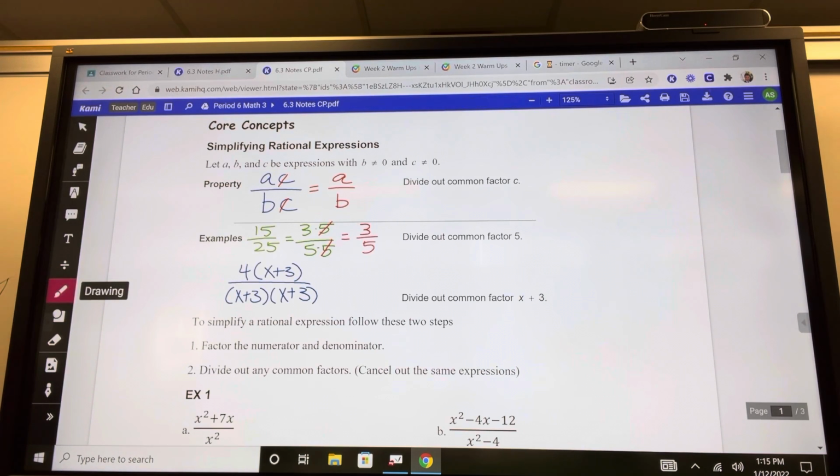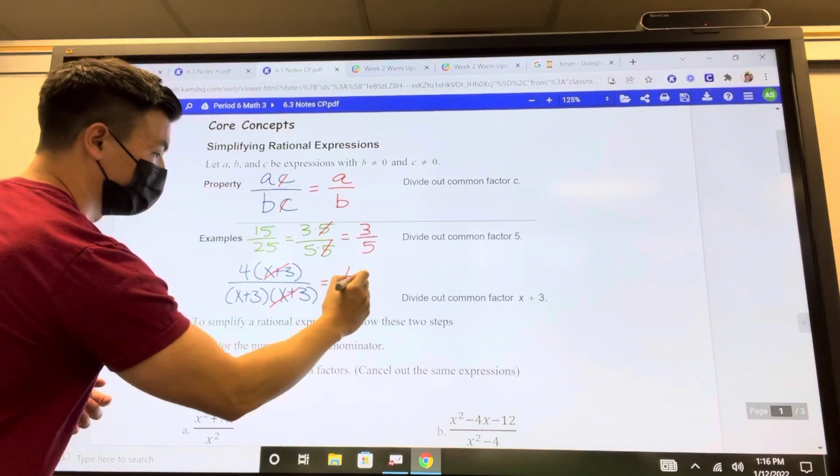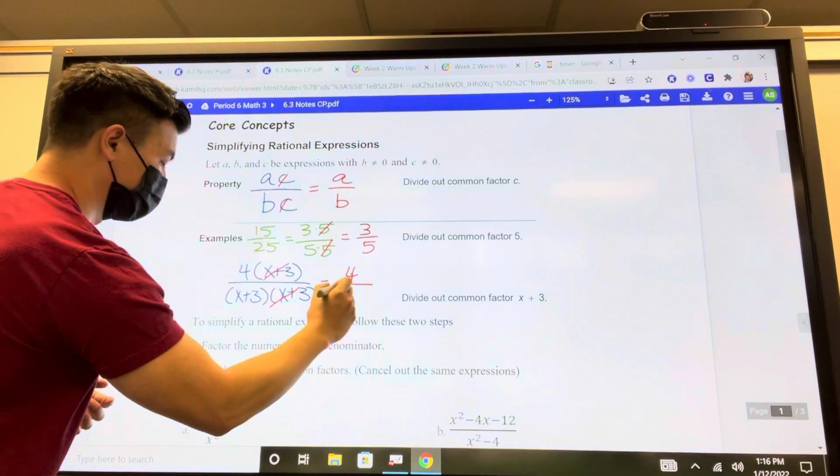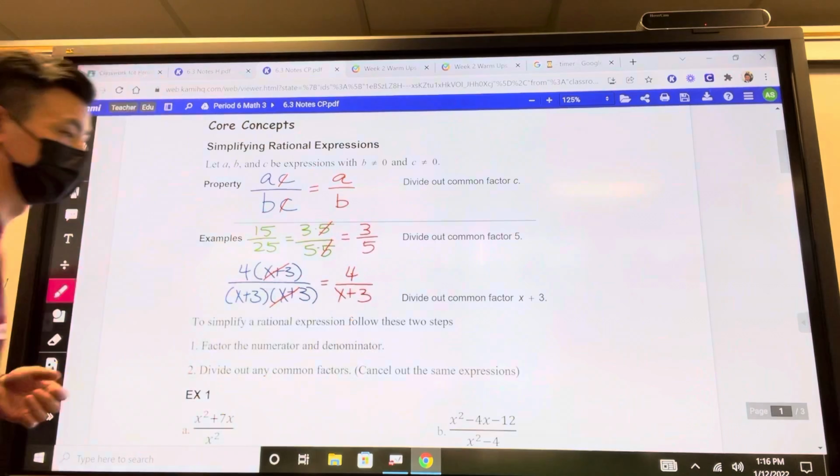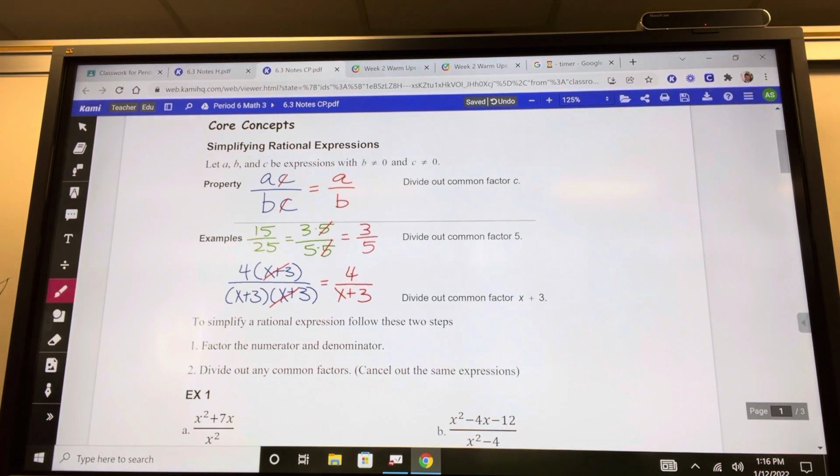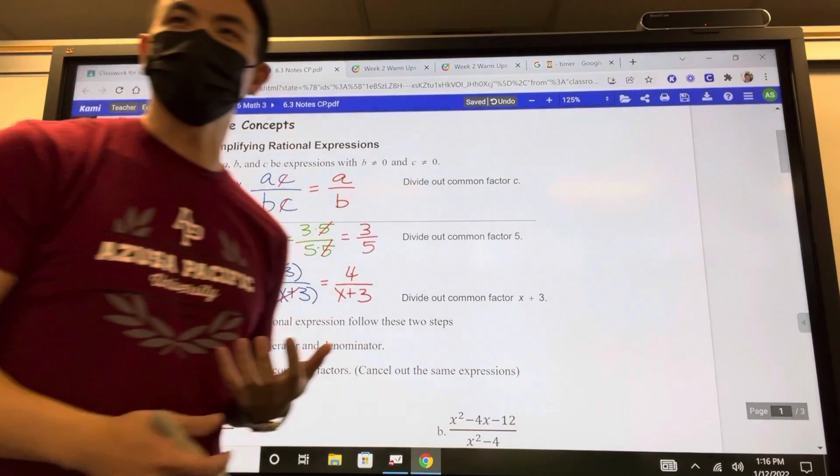Parentheses x plus 3. Yeah, so these guys are going to cancel each other out. So I can do more than just a number and more than just a variable. I can do a whole expression. So that entire expression is going to cancel, and I'm going to be left with 4 over x plus 3. Not so bad, right? Pretty basic stuff.